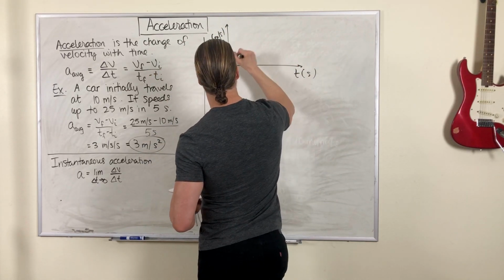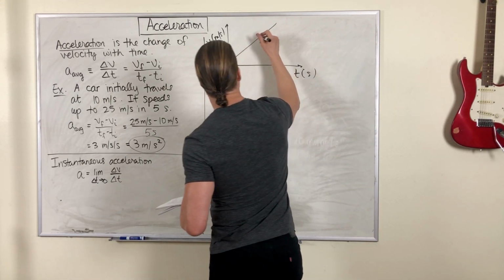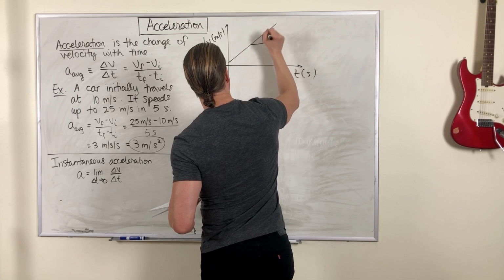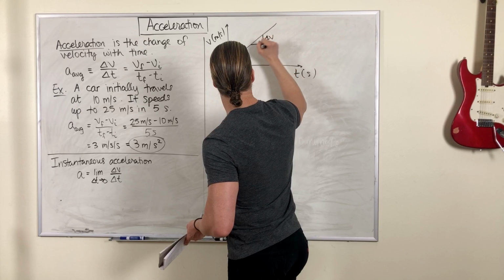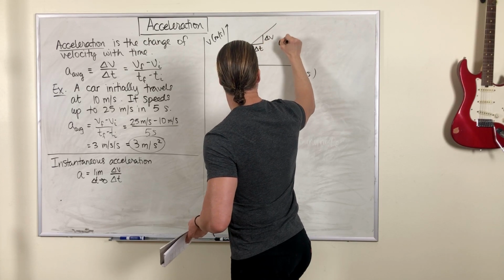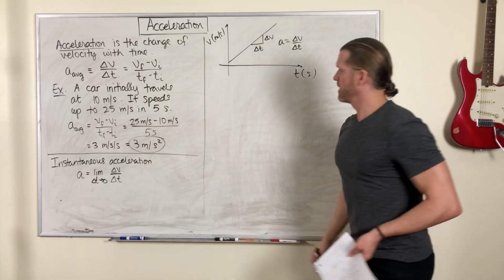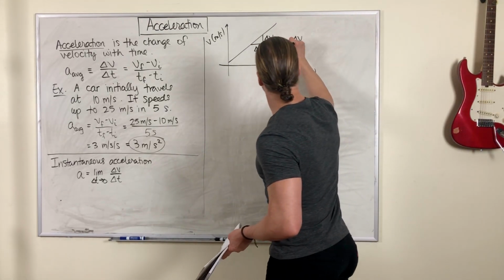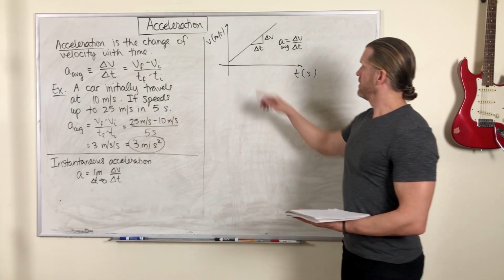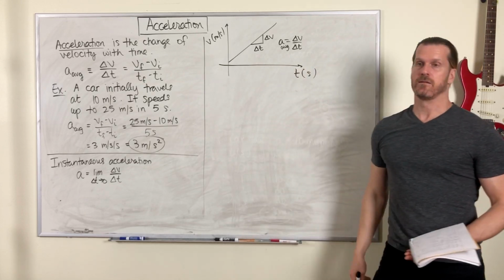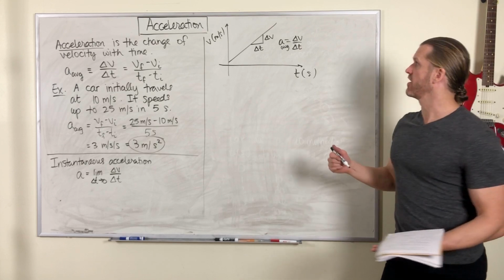So maybe you have a velocity versus time graph that looks like this. Well, the acceleration is this slope. That's the average acceleration over that time period.